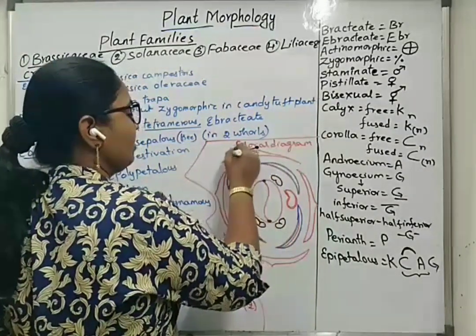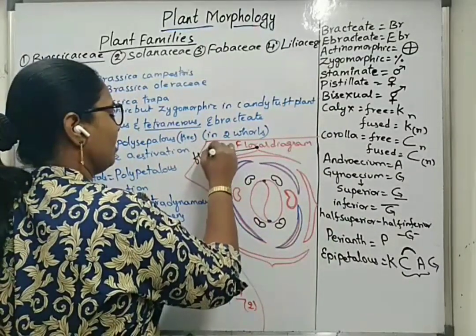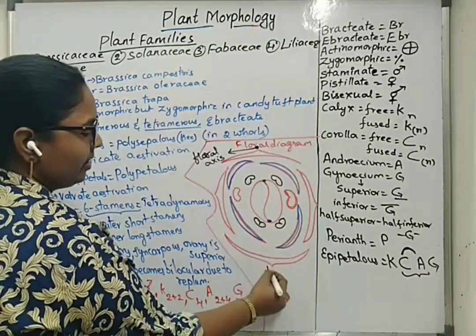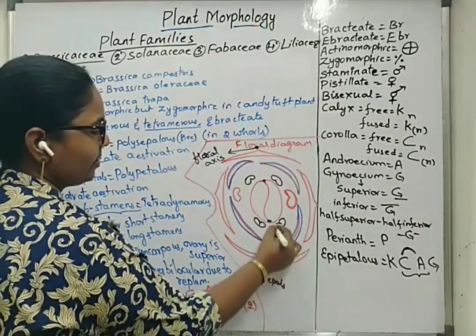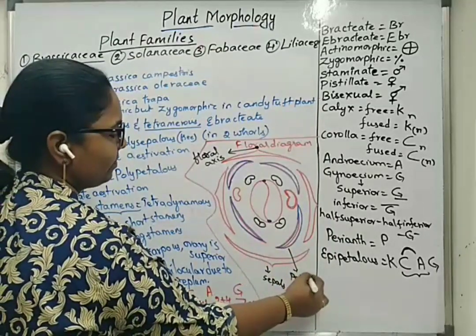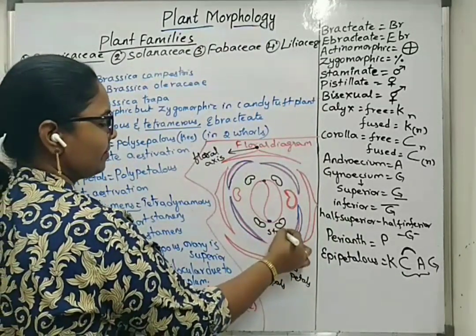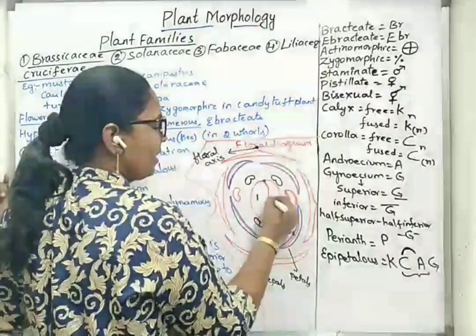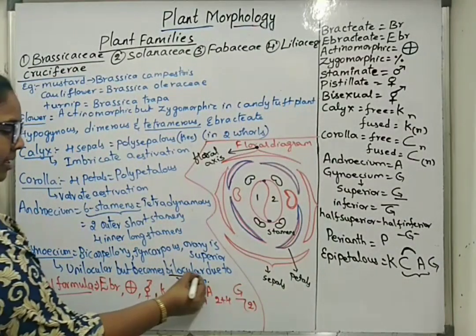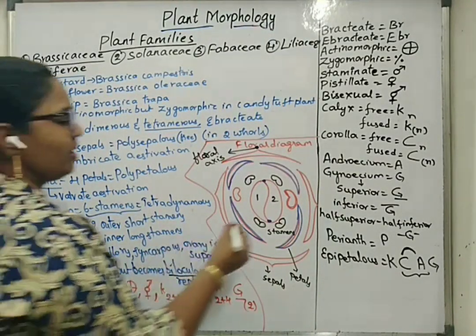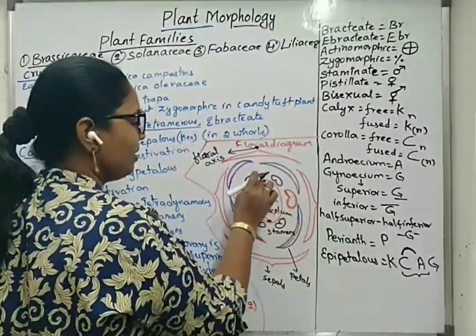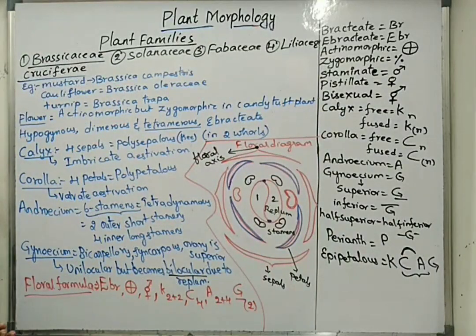So this is the floral axis. This is the floral diagram, and these are sepals, these are petals, these are stamens. This is gynoecium with 2 locules, 1 and 2. So bilocular, which has become so due to replum. This is replum. This is outer short stamen, inner long stamen. So this is about Cruciferae family members or Brassicaceae family members.